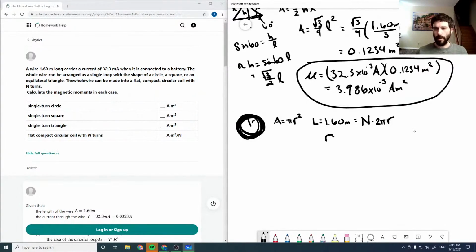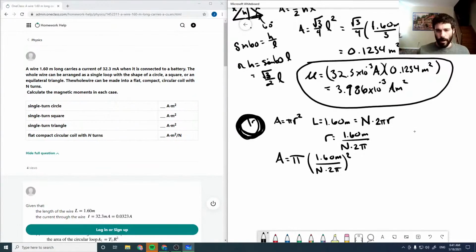So then r is 1.60 meters over n 2 pi. So then our area is pi r squared, so 1.60 over n 2 pi squared.